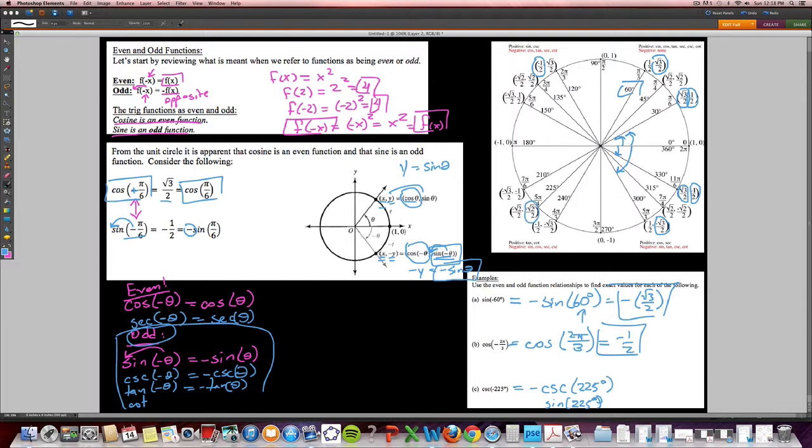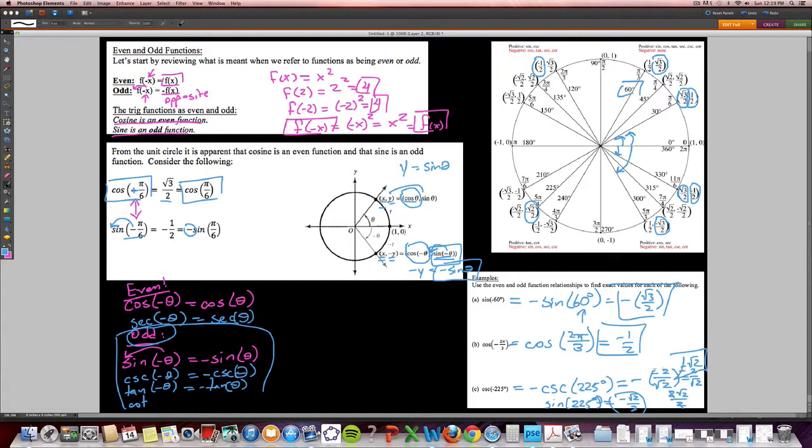The sine is negative root 2 over 2. Okay, so if this is negative root 2 over 2, up here we're going to get negative the reciprocal of this. So we get negative cosecant of 225, which is negative the reciprocal of this thing here, negative 2 over root 2, which is a positive 2 over root 2, which, by the way, we do want to rationalize. So that becomes 2 root 2 over 2, which is just root 2.